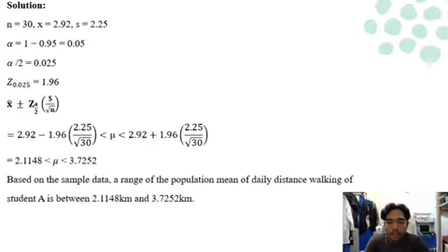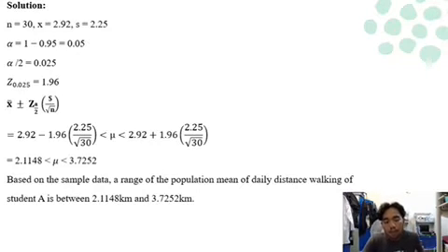We put it into the formula x bar plus minus z alpha over 2 times s over the square root of n. So from the data given, we just put the value in the formula.